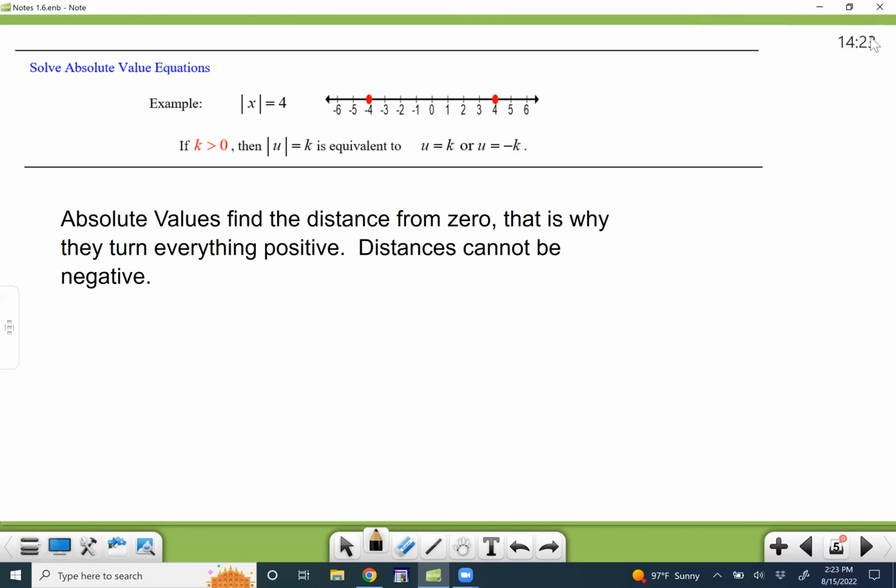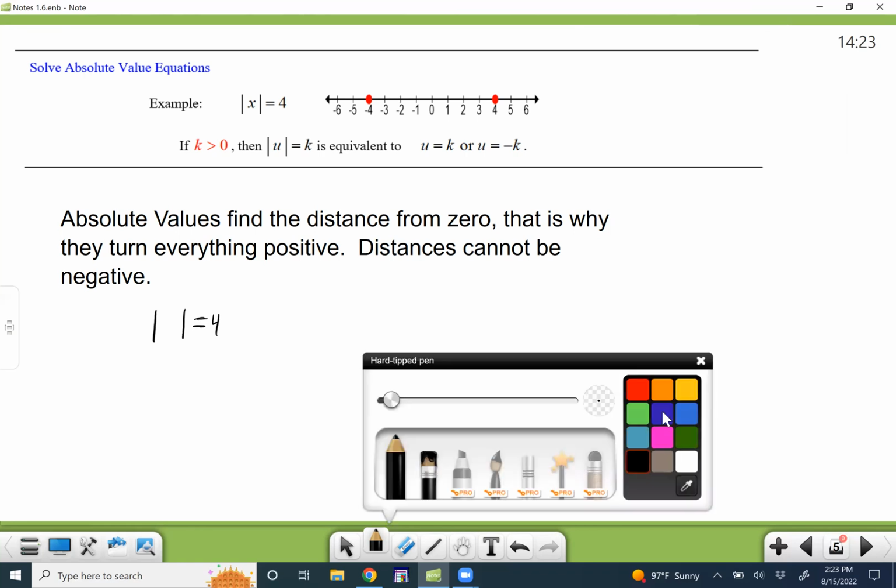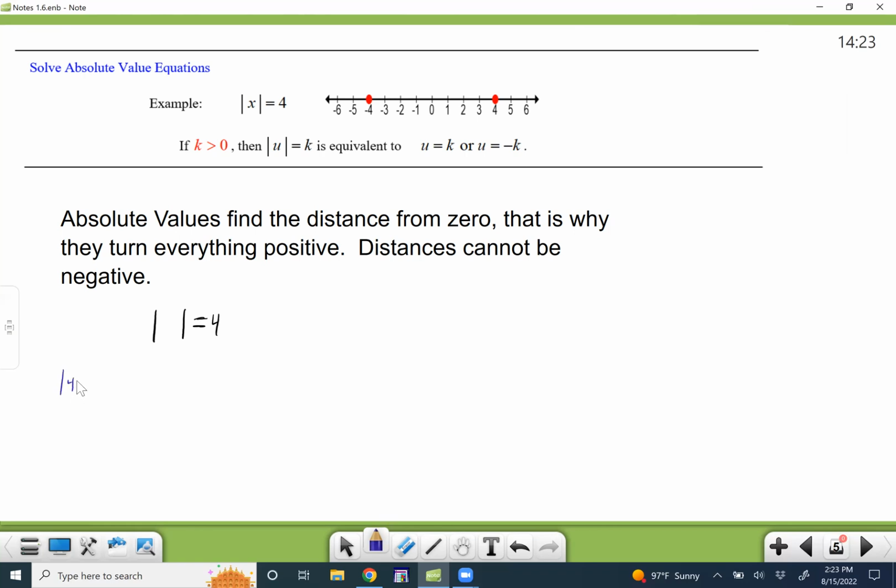If I say to you, here's some blanks with an equal sign 4, and I want to know, what could I put into the blank and get 4 out, right? Well, we could put in +4, because the absolute value of positive 4, well, how far is positive 4 on the number line away from 0? It's 1, 2, 3, 4 away, right? So it would be 4.